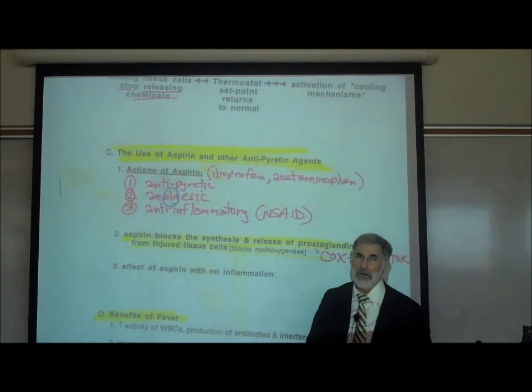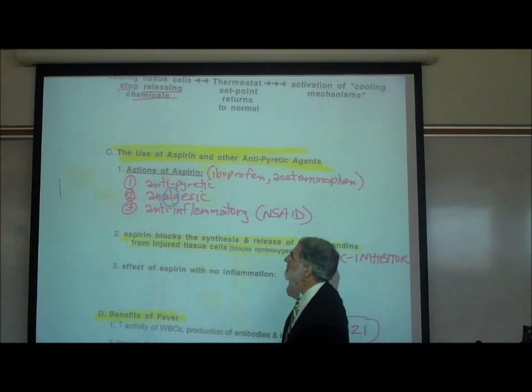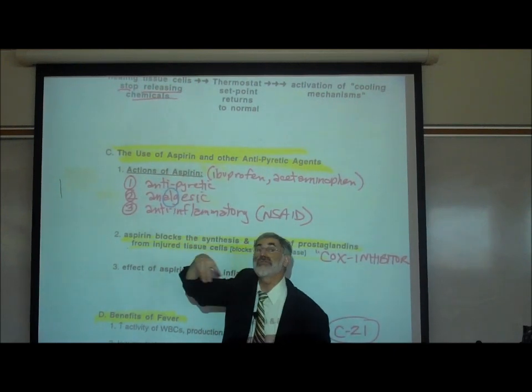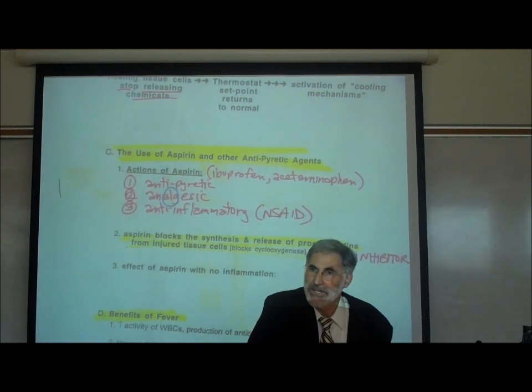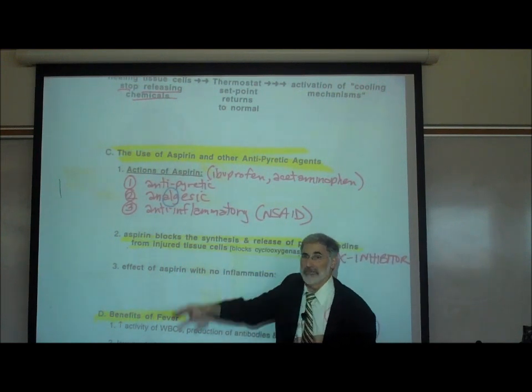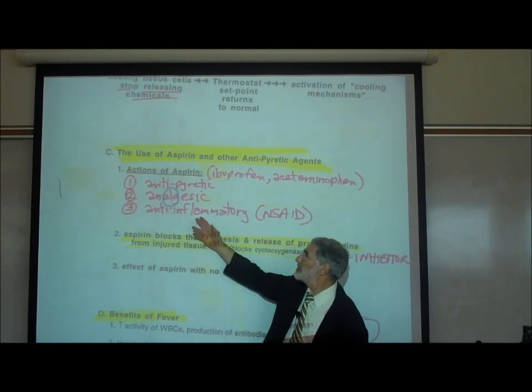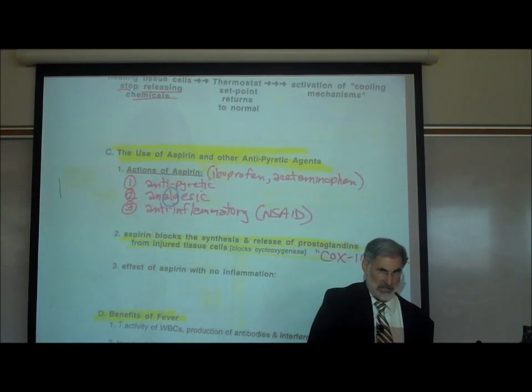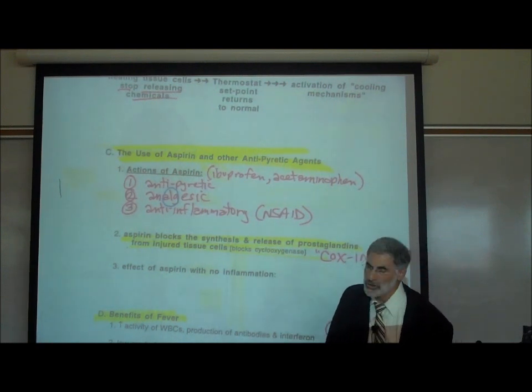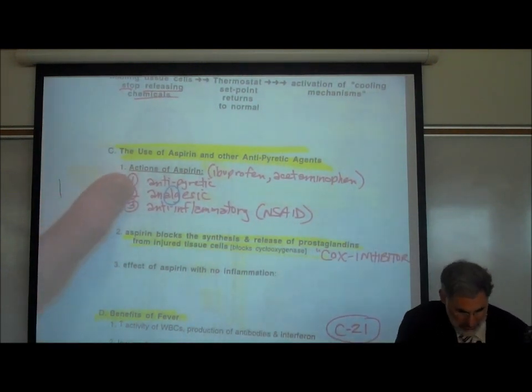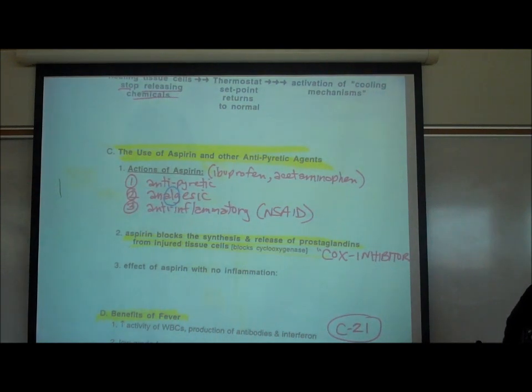It's an antipyretic. But what does that mean? Pyro means fire or fever. So it reduces fever. Aspirin is described as an analgesic. Anybody know what algia means, A-L-G? You ever heard of arthralgia? Myalgia?